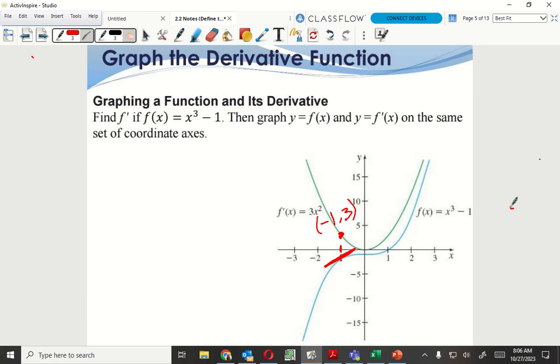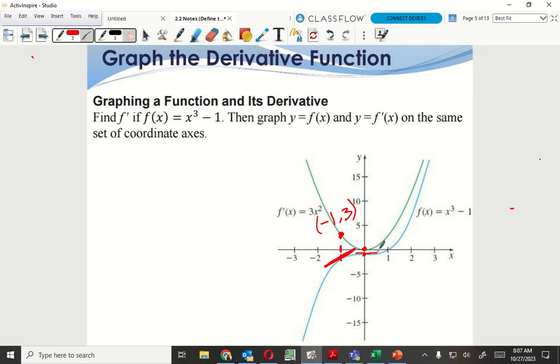Okay, let's go to 0, 0. Now, the tangent at 0 of my function, is that a horizontal line? Say yes. That's a tangent. Yes.